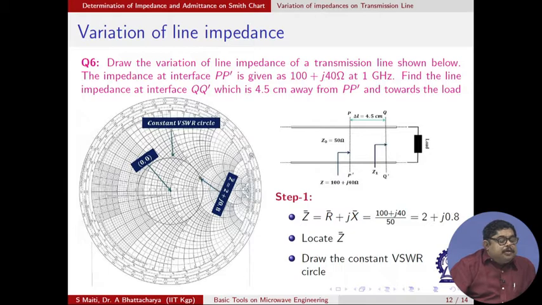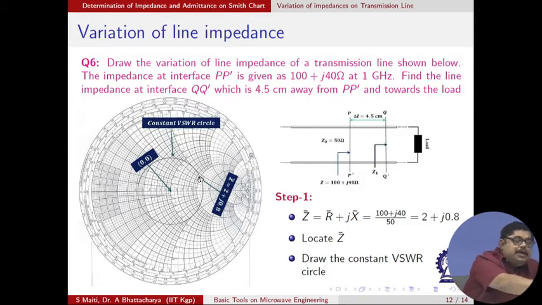So you divide 100 plus j40 by the characteristic impedance, which is written here as 50 ohm, and it comes that Z bar is equal to 2 plus j0.8. Now you can locate Z bar, that means find the intersection of the R bar equal to 2 circle and the X bar equal to 0.8 arc. By that you see this is the Z bar point.